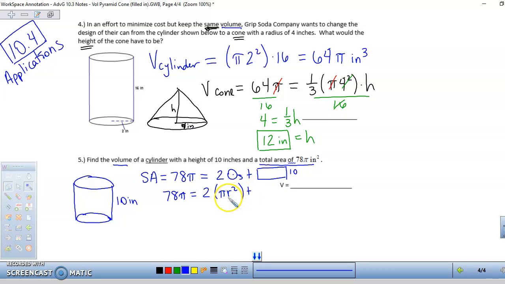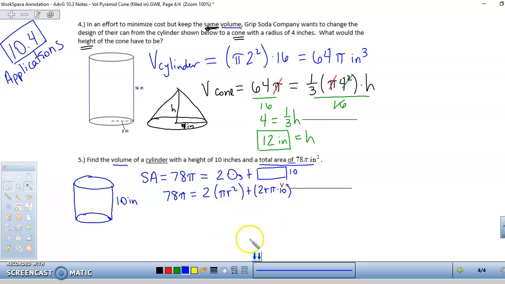Well, I want to keep one variable, so I am going to call this 2r. That's diameter, and then pi, and then times 10. Sorry, I'm kind of cramming that in there. But this is the area of that rectangle. So 2r is the diameter times pi times 10. What that allows me is an equation with only r's.